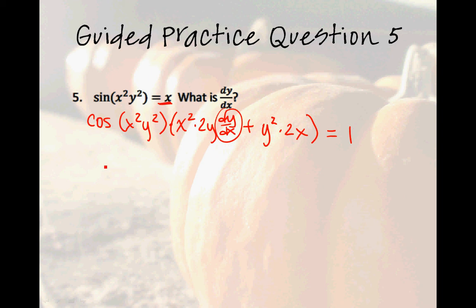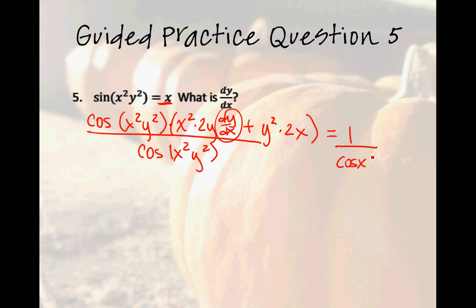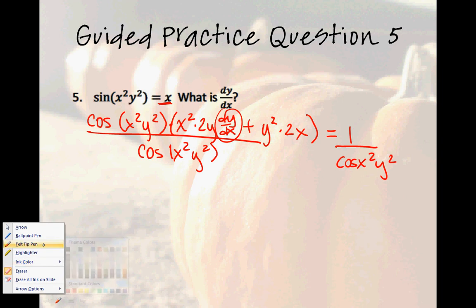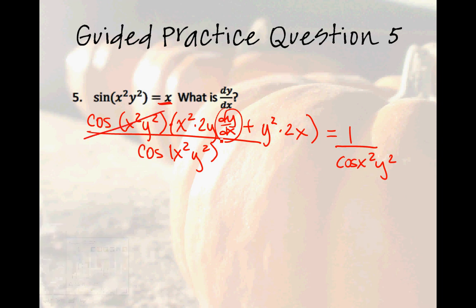So what we want to do first is divide both sides by cosine of x squared y squared. And I just typed that wrong. Give me a second. Okay, so we've gotten rid of that. Okay, now we could subtract this.